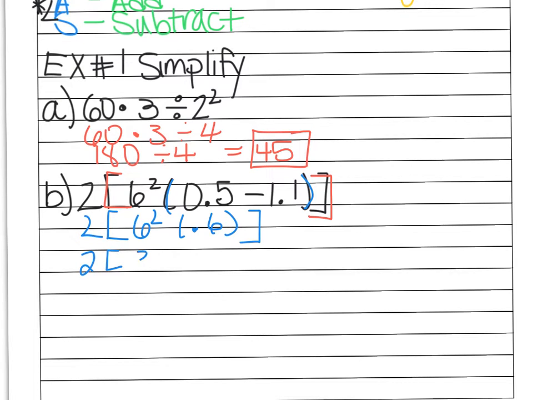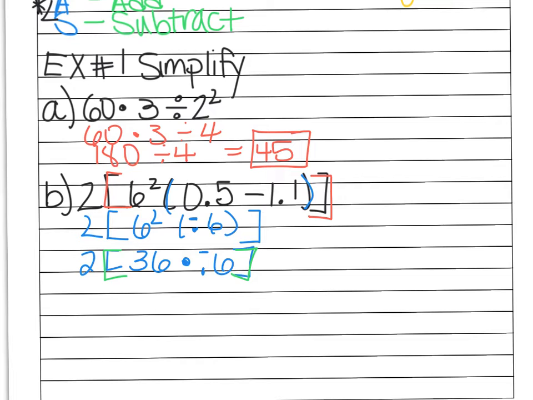So 6 times 6 is 36 times negative 0.6. Again, we're still looking at inside these brackets. I actually should have a negative here. Let's not forget our sign. It's the bigger number, so it must be negative.